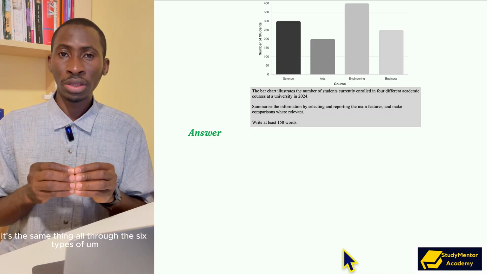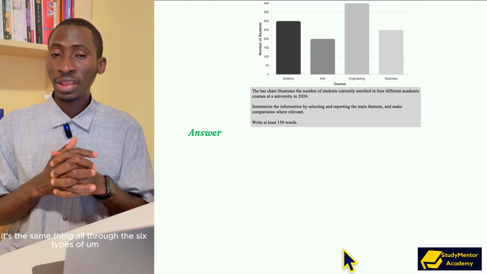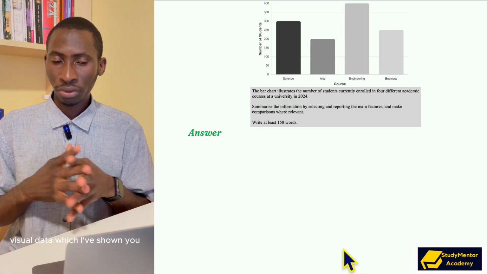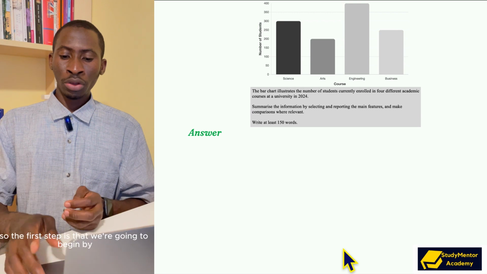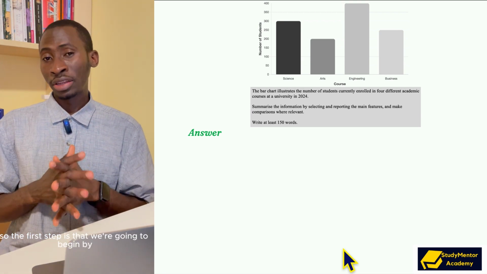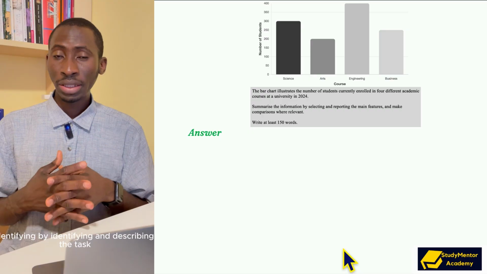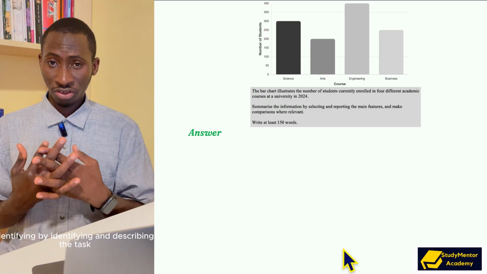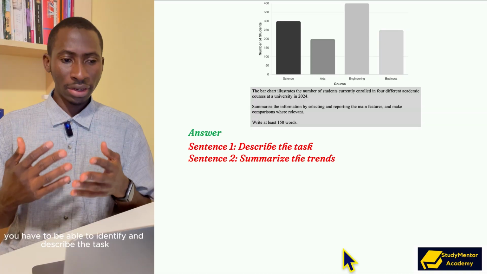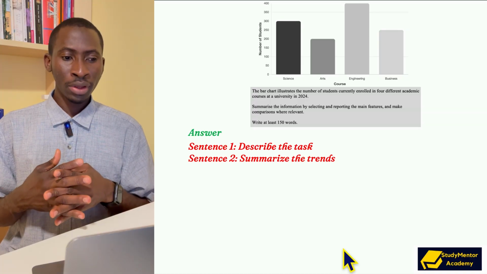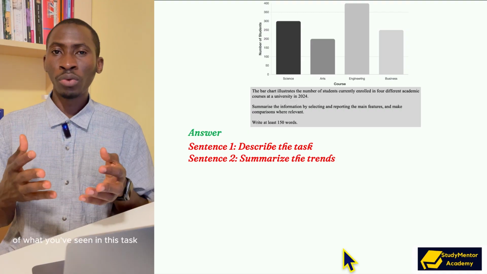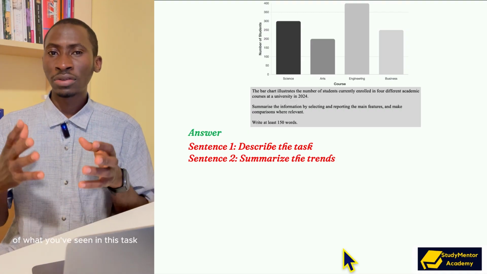It's the same thing all through the six types of visual data which I've shown you. So the first step is that we're going to begin by identifying and describing the task, and then the next sentence would be a summary of what you've seen in this task.